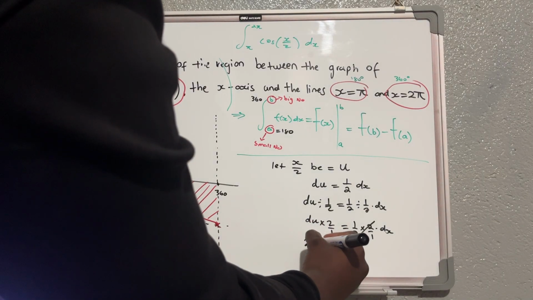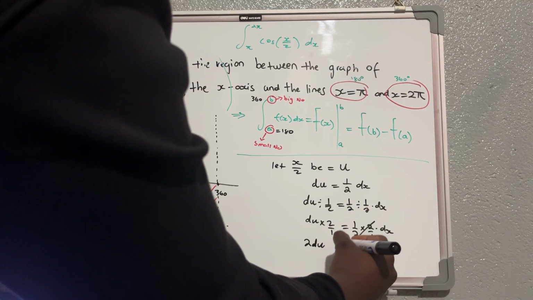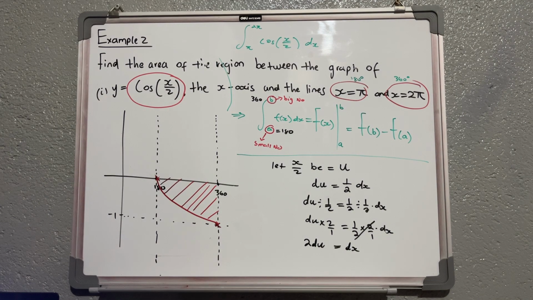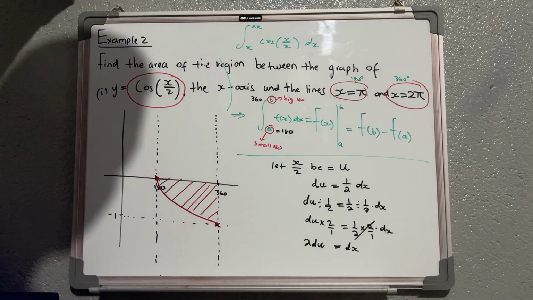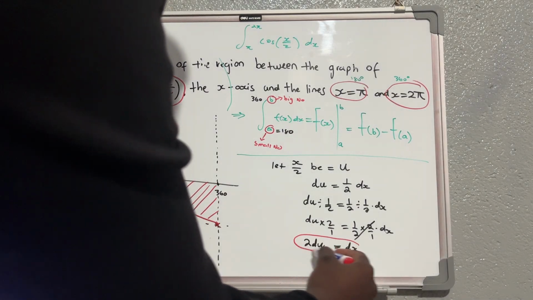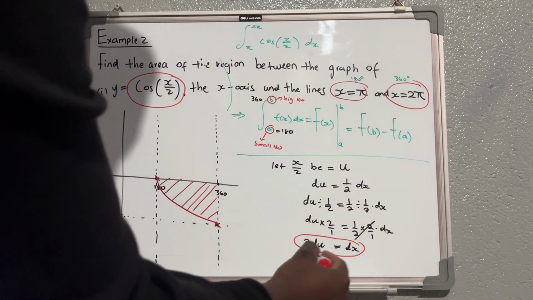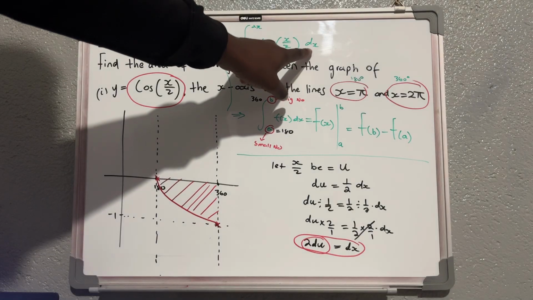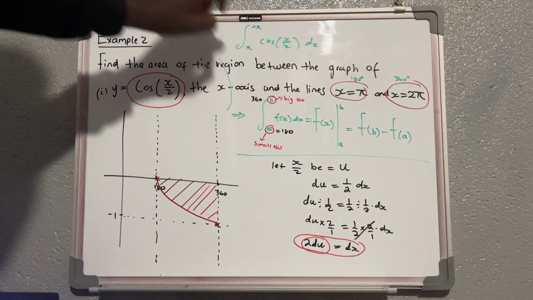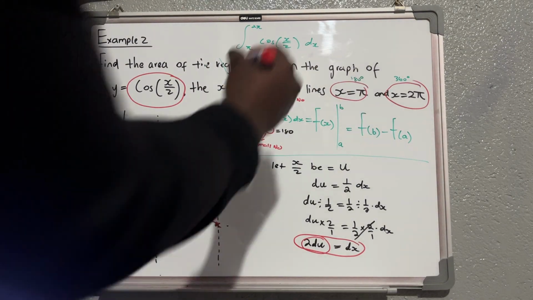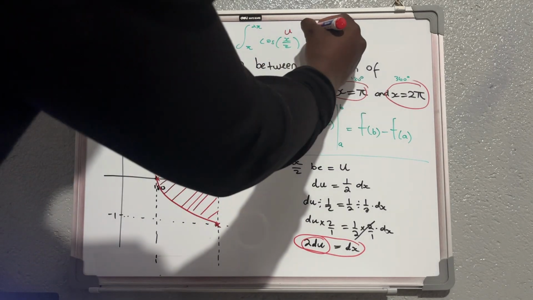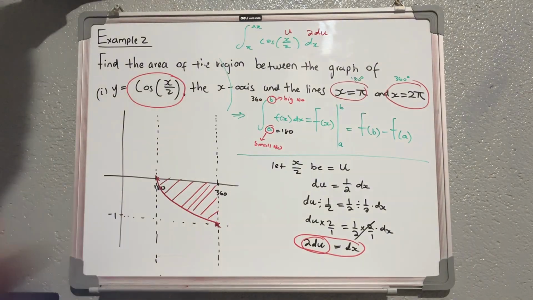Then this side you have your 2 du is equal to your dx. It now means if you are seeing your dx at the top, you're supposed to replace it with your 2 du. So this side the dx is going to be represented by the du.